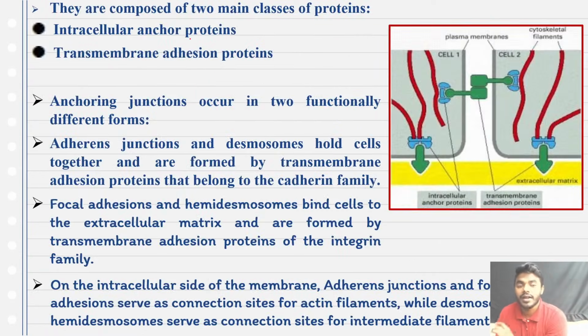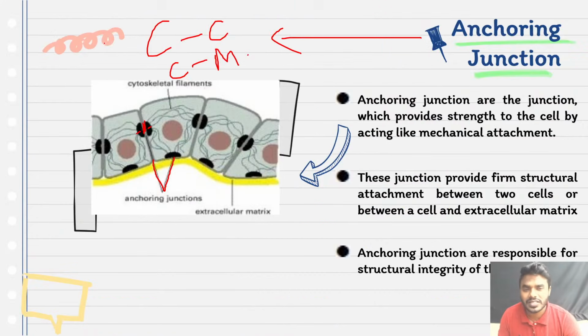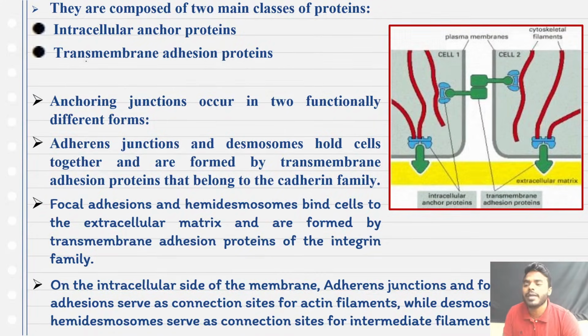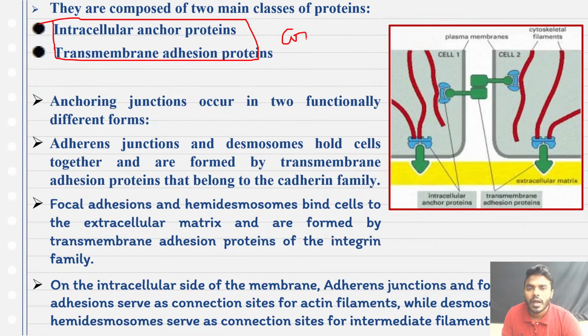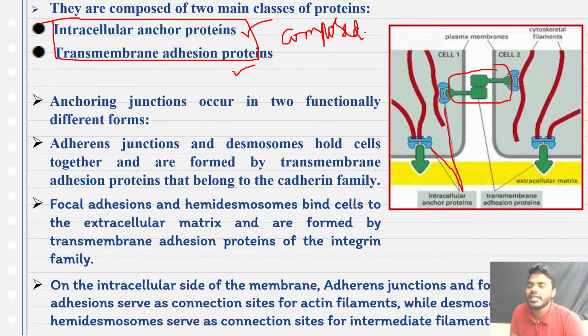Anchoring junctions are composed of two different types of proteins: intracellular anchor proteins and transmembrane adhesion proteins. The name itself clearly suggests it: intracellular anchor proteins are present in the cytosolic domains, and transmembrane proteins span the plasma membrane.